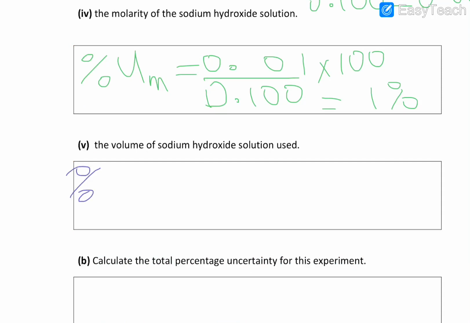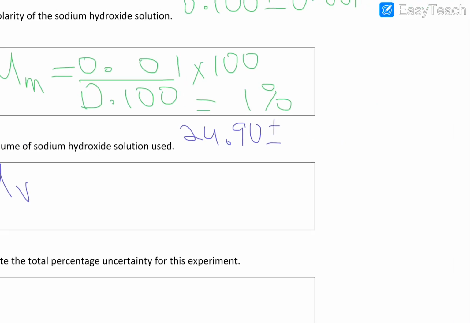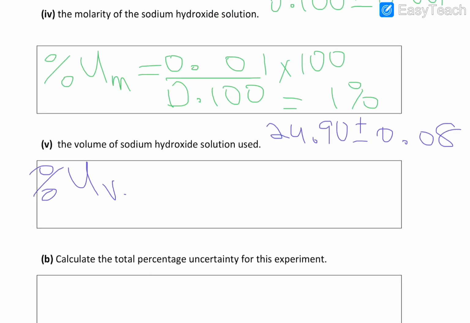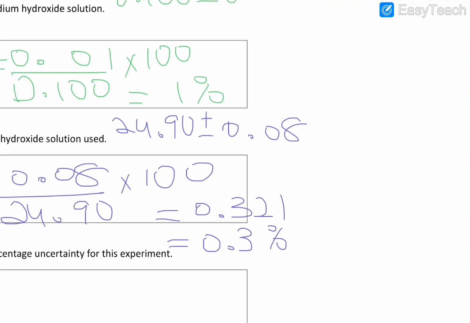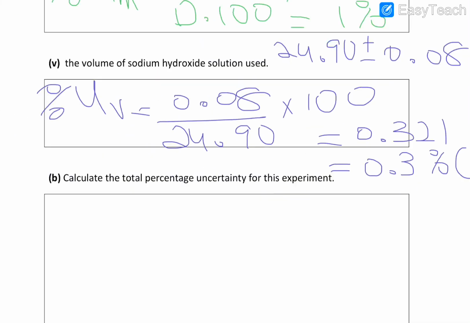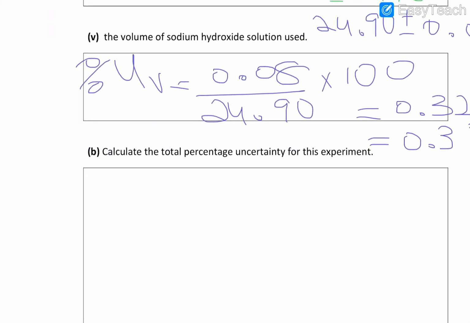So then percentage in volume of NaOH, so it's 24.90 plus minus 0.08. So that's divided by 24.9 times 100. That gives me 0.321. So round it up to 1SF, 0.3%. Then for the last part, it is the percentage uncertainty for this experiment.